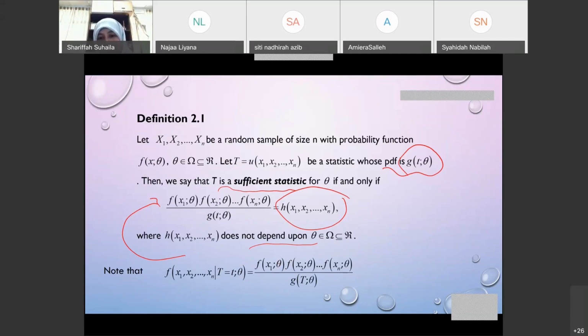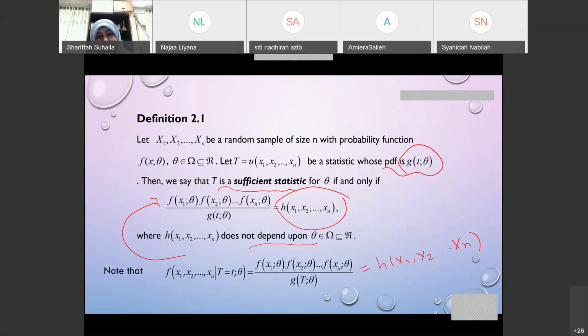Kalau kita ada the ratio of these two, maksudnya joint probability function divided by your PDF of your sufficient statistic T ni, kita akan dapat dia punya nilai h(x1, x2, ..., xn). And if your h does not depend upon theta, so that means your T is a sufficient statistic.